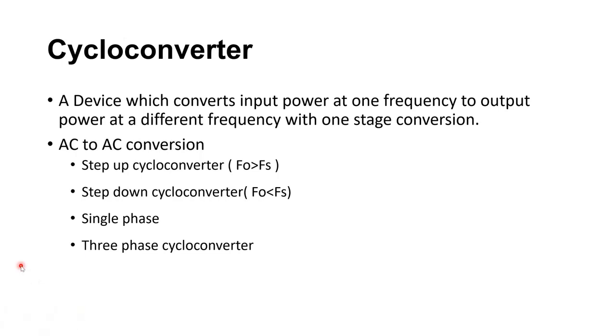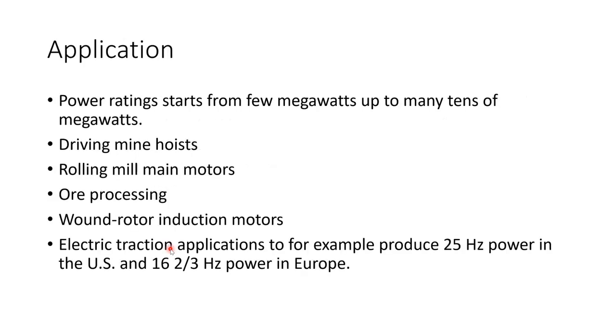And if the frequency of the output is less than the frequency of the source, then we call it a step down Cyclo Converter. We can also differentiate cyclo converters based on whether it's a single phase or three phase cyclo converter. The main purpose of the cyclo converter is to change the frequency.